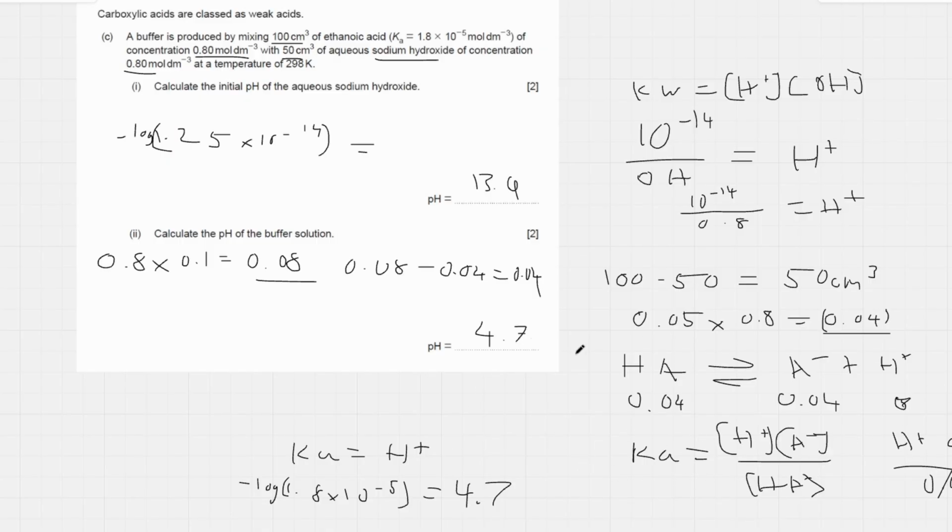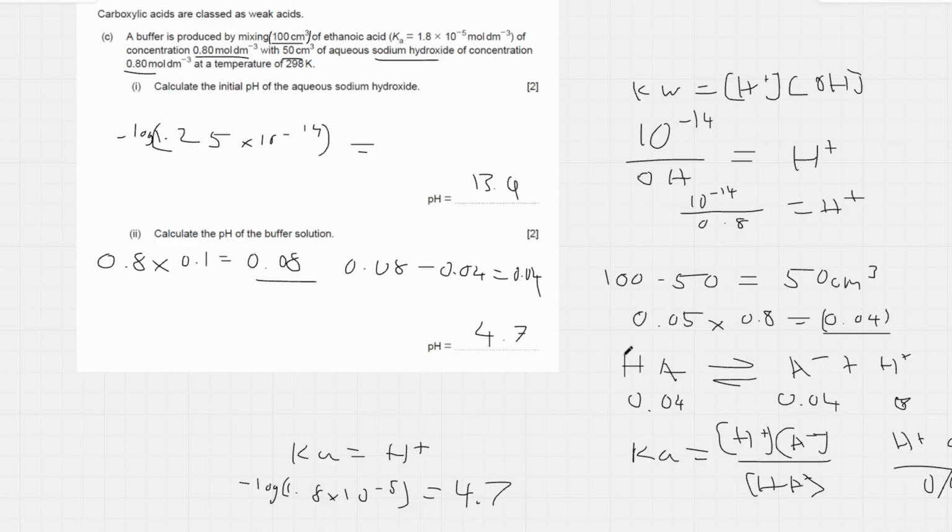And that probably took about 4 minutes to do, but if you look at the question, there's actually a trick to do it extremely quickly. So it says here 100 centimeters cubed of ethanoic acid at a concentration 0.8 with 50 centimeters cubed at the same concentration, and this is something called the half equivalence point. And when you have an acid reacting with a base at this half equivalence point, it means half of the acid has been used up.